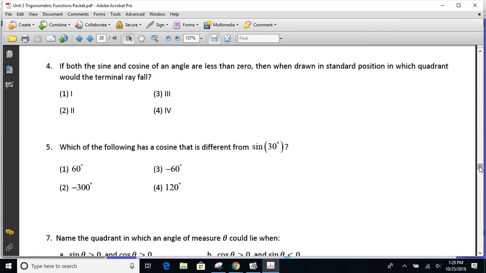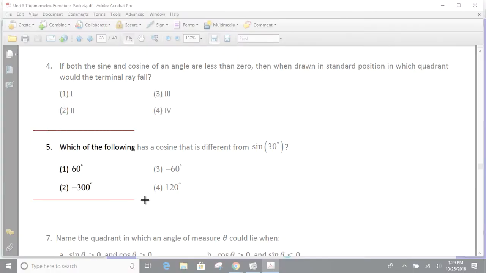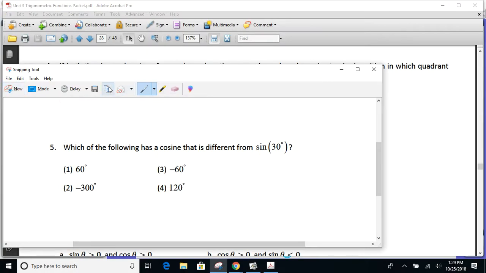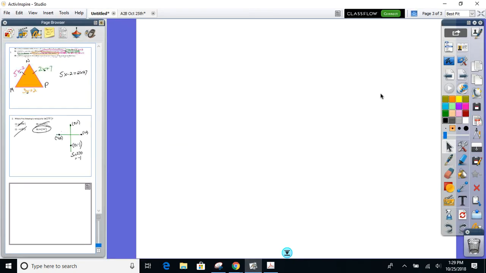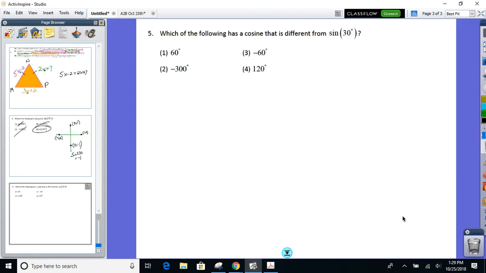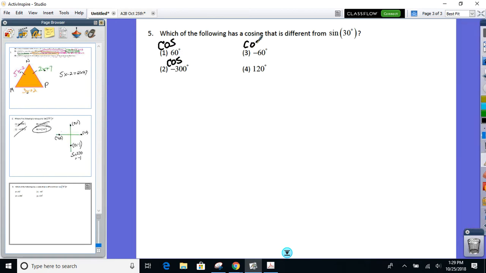Which of the following has a cosine? All right. Okay, so all these have to be cosine. That's different from, okay, sine of 30. What's the y coordinate at 30? 1/2. So I'm looking for which one's got a different one than 1/2, JT.